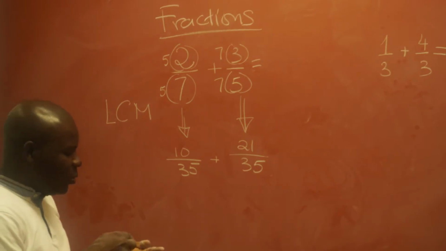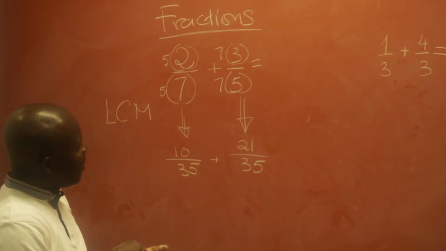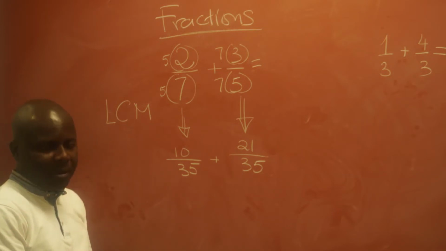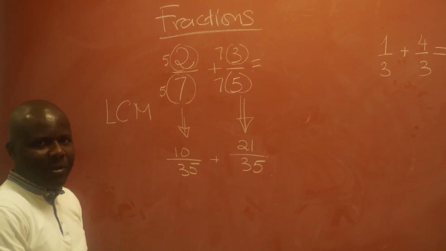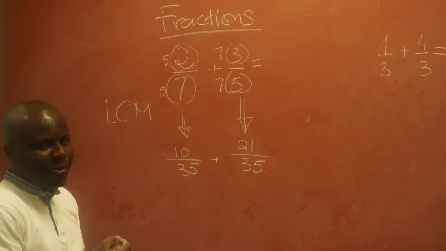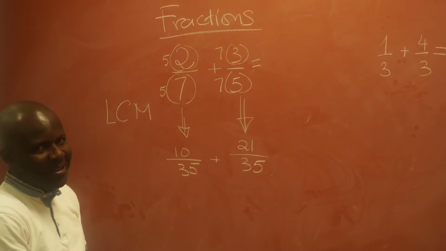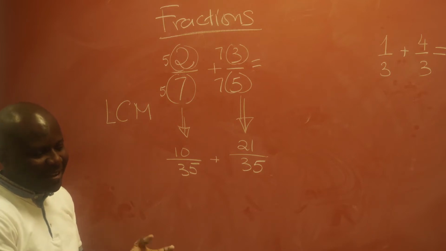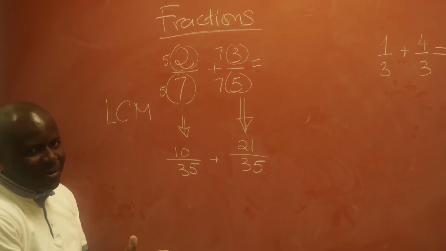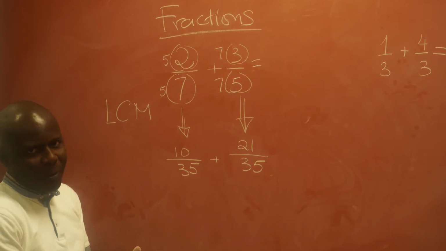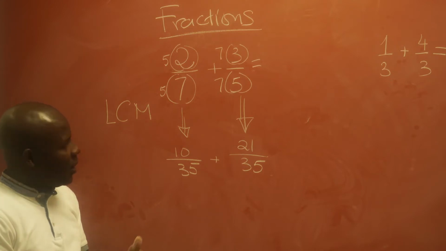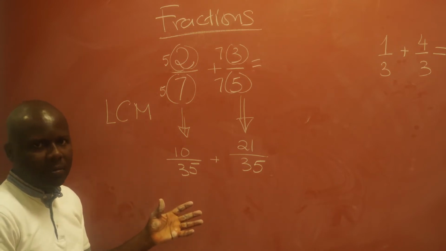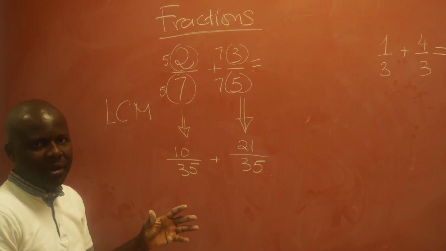Pressing all these keys, you are losing a few seconds, and little by little, when you add all this together, it's going to be more. But there are some calculators that can work with fractions and give you the answer right away.